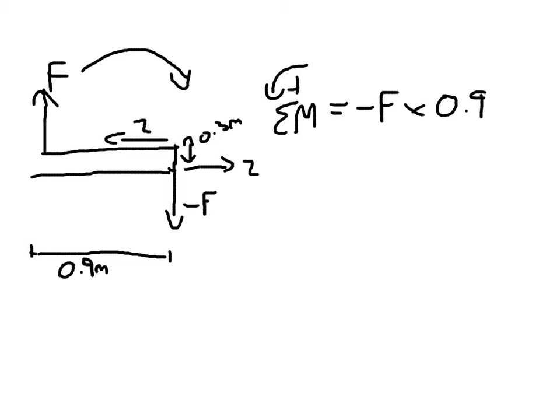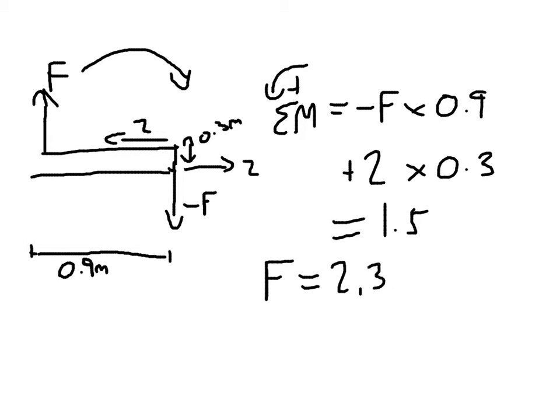I've also got 2 kilonewtons, 0.3 meters apart, and both of those are trying to turn it the other way. They're trying to turn it anti-clockwise, so they are positive. And I want that to add up to 1.5. So now all I do is rearrange that equation to find F, and F comes out at 2.33 kilonewtons.